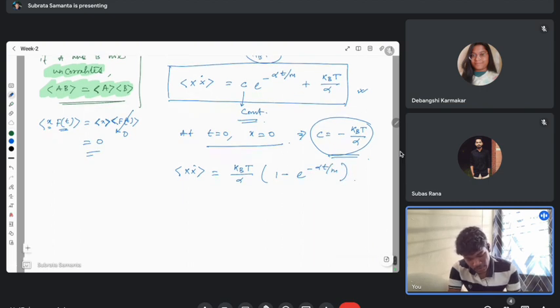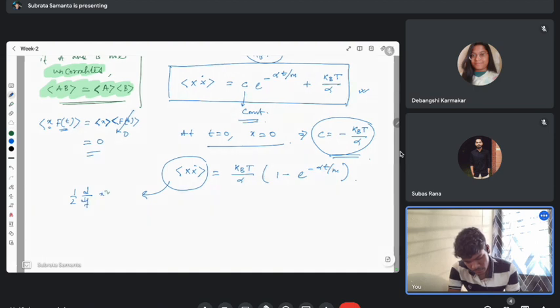Now we can write this x dot average as half the derivative of x square average, right?